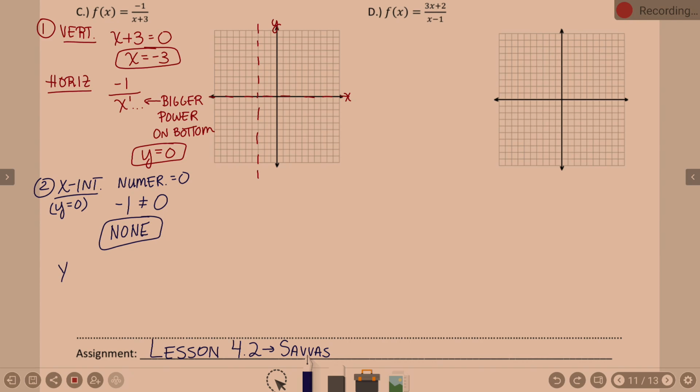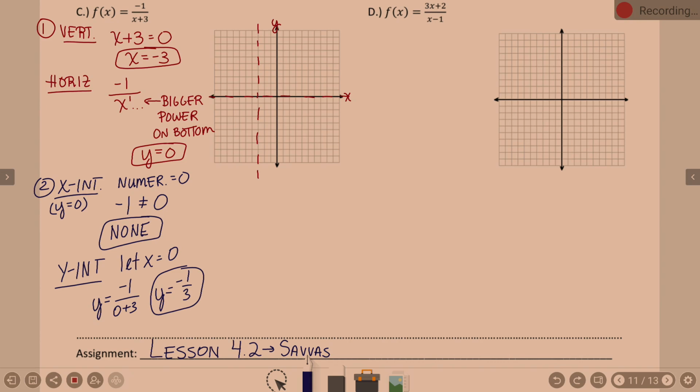When do y-intercepts happen? Right. Let x equal 0. So that means I'm doing y equals negative 1 over 0 plus 3. Negative 1 over 0 plus 3 is negative 1/3.